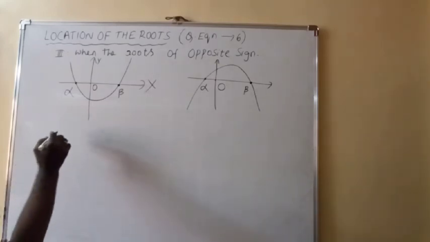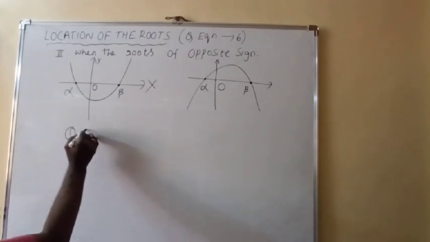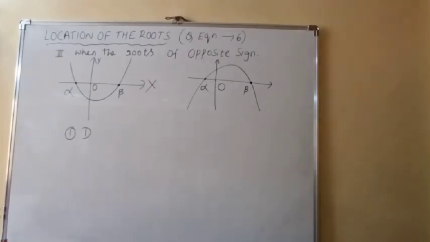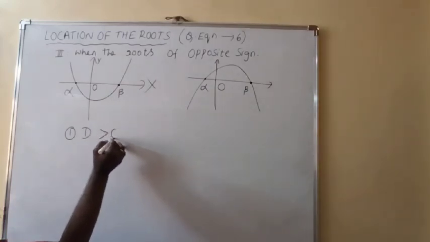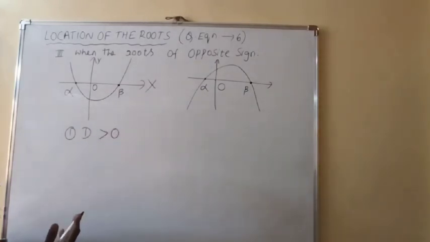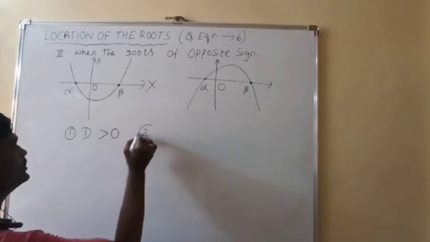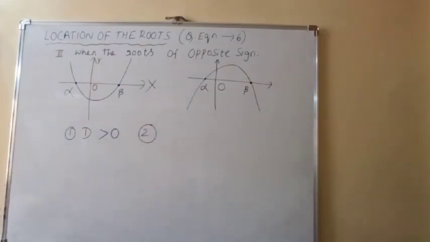From these two cases, what condition can we obtain? Here it is not possible that both roots are equal, because opposite sign means they are never equal. So your discriminant should be greater than 0, because the roots are real and distinct. Next, observe the second condition.